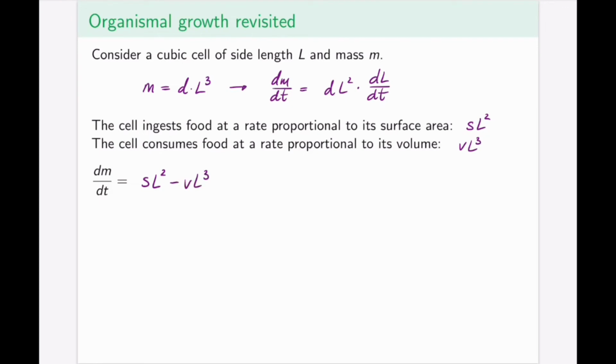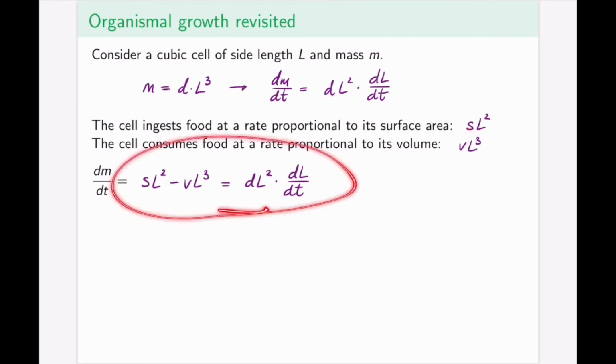But on the other hand, this is the same as what we derived using a different approach, so these two must be equal. Again, let me pause here for a second and remind you that the surface area of the cube, of course, is 6 little faces, but I am omitting 6 here because it can get absorbed in the proportionality constant s, the same way that 3 here can get absorbed into the density constant d. Okay, so the numbers get absorbed into the actual letter constants here.